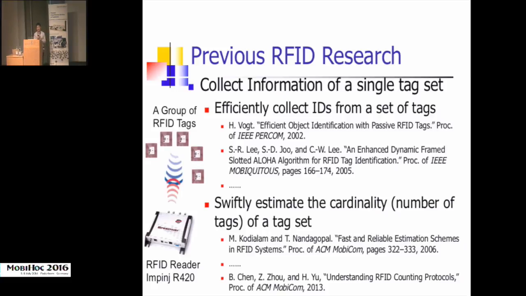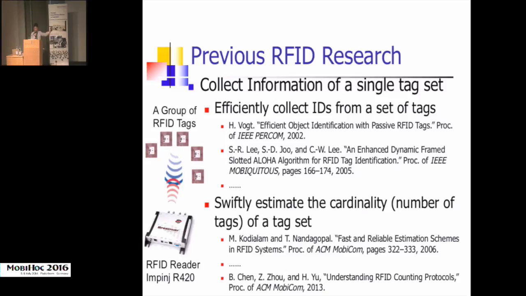So what can we in academia do for research? For RFID research, previous scholars studied how to collect information efficiently from a single set of tags. They studied how to collect tag IDs.